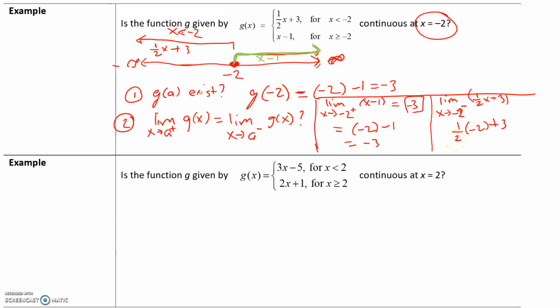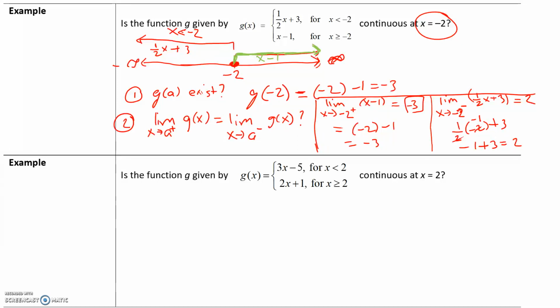The 2 and -2 reduce to 1, so we get 1 times -1, which is -1 plus 3, and that's 2. So the limit as x approaches -2 from the right is equal to -3. The limit as x approaches -2 from the left is equal to positive 2. So the limit doesn't exist because from left and right, we're not getting the same value.